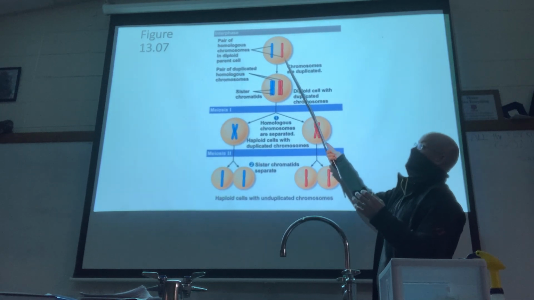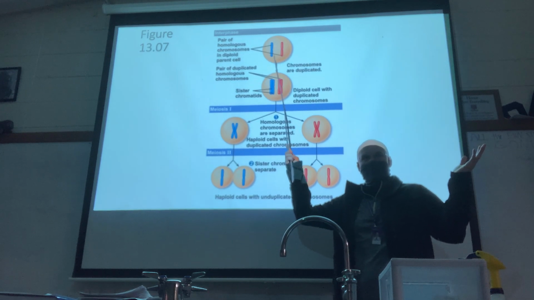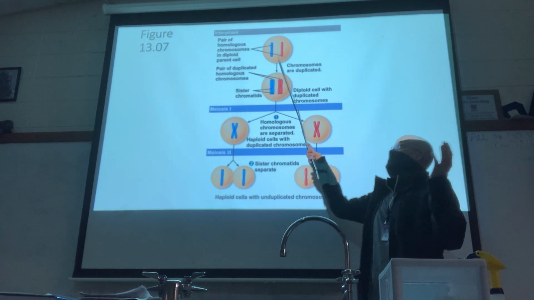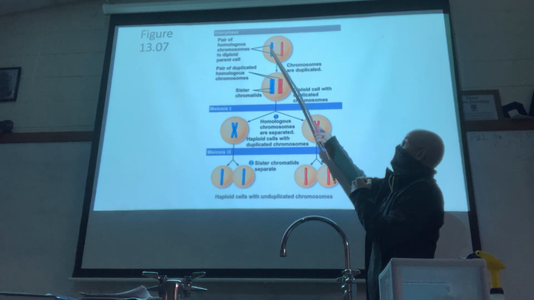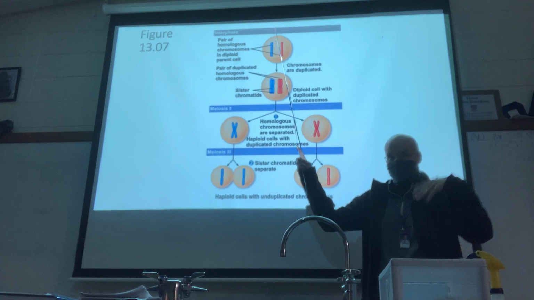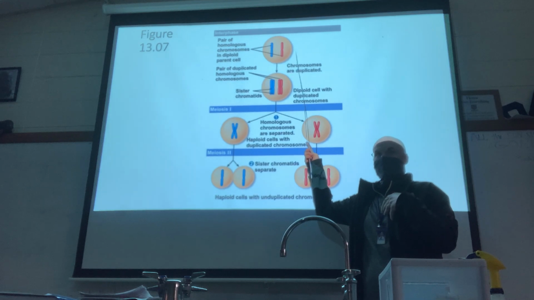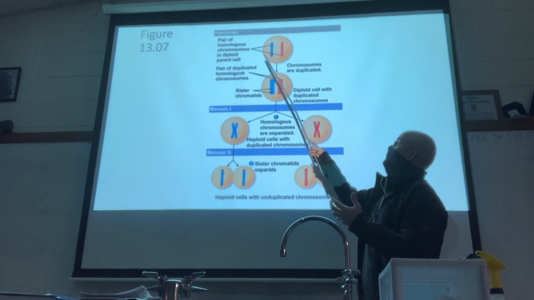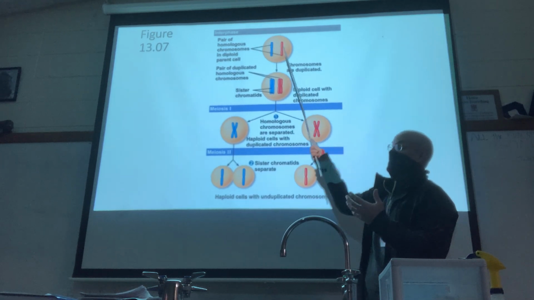Now in this diagram, this is not what the chromosomes would look like in a human cell. They only have 2 chromosomes here. A blue one to represent probably the father's chromosome that you got, and a red one to represent the chromosome that your mother gave you. So you have what are called paternal and maternal chromosomes.